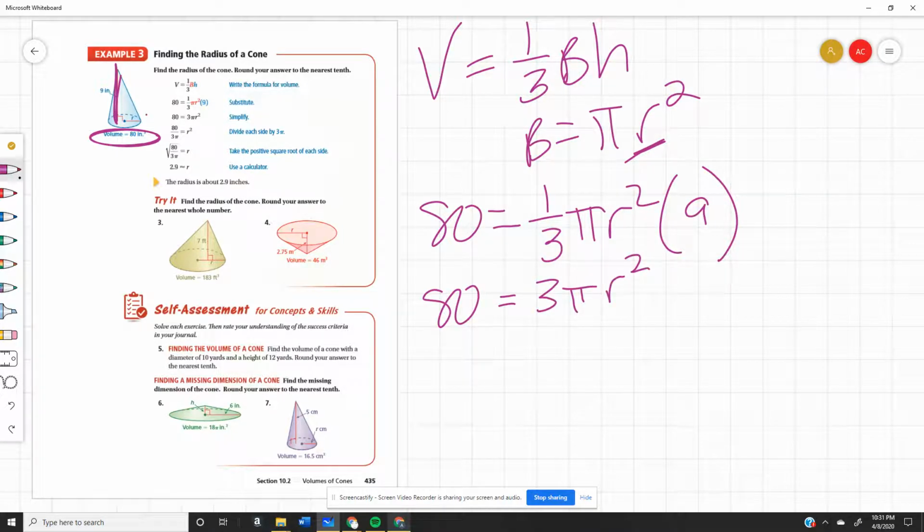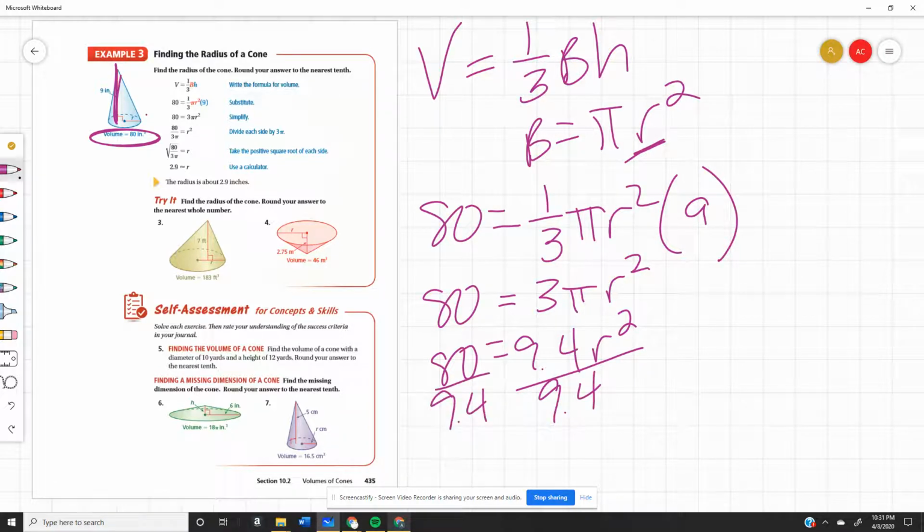We can do 3 times pi, and we get about 9.4. So 80 equals 9.4 r squared. How did they do this? They did not do this like that. They did this a weird way. Okay, so let me see if my way works, because I got 9.4, and then I would divide both sides by 9.4. So I would say 80 divided by, and I'm not going to round on my calculator.